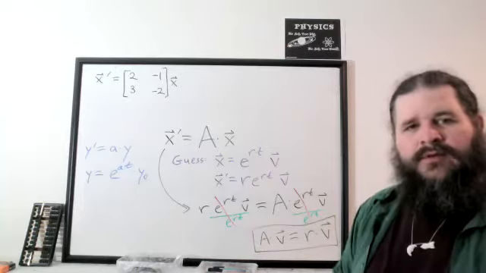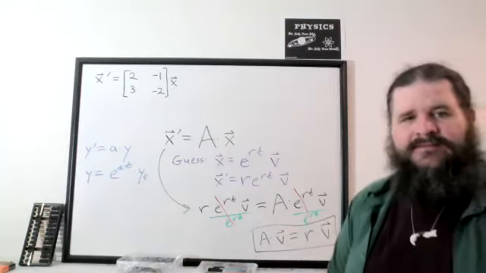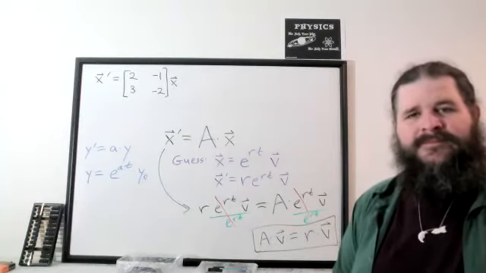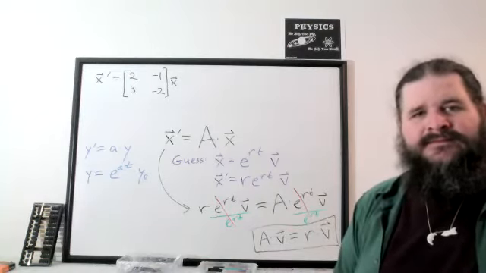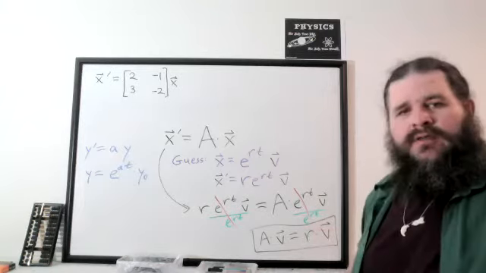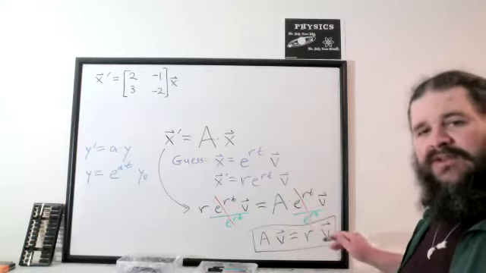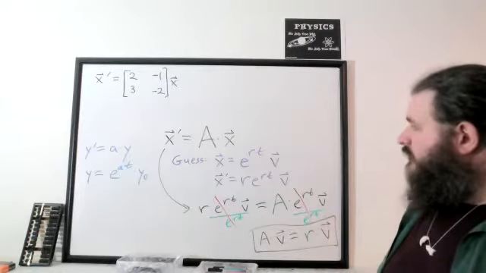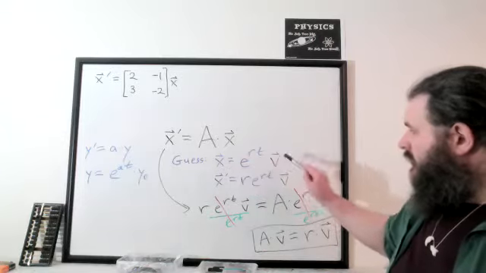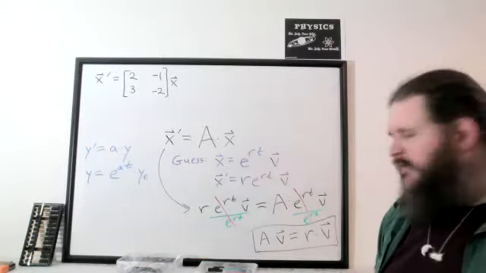And what do we call that? What do we call it when a matrix times a vector equals a scalar times the same vector? The eigenvalue? Yeah, this is the very definition of an eigenvalue: the matrix times the eigenvector equals the eigenvalue times the same eigenvector. So what we've just found is that this guess works as long as v is an eigenvector and r is the eigenvalue associated with it.